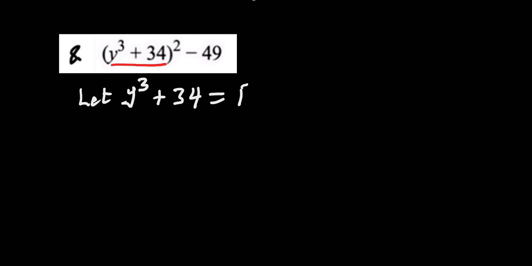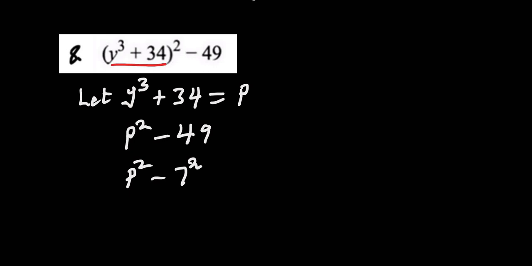Let me use P to represent that. So this will become P squared minus 49, and 49 can be written in the index form, and it will become P squared minus 7 squared.